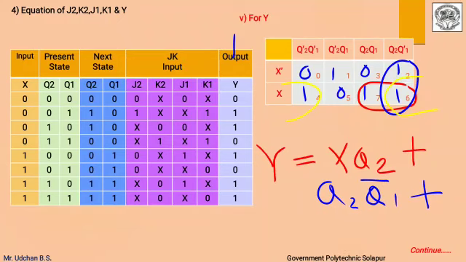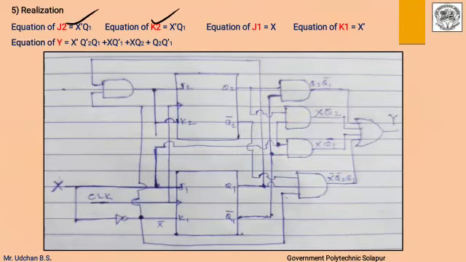For that the equation will be x q1 bar plus for this last one I can write the equation as x bar q2 q1. So this is the equation of y: x q2 plus q2 q1 bar plus x q1 bar plus x bar q2 q1.